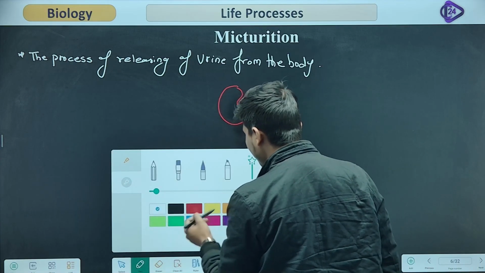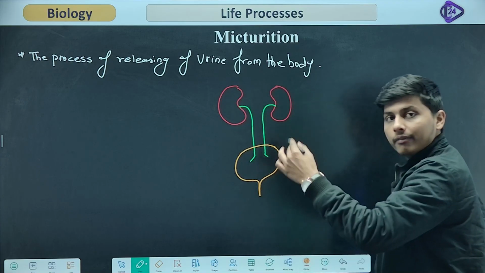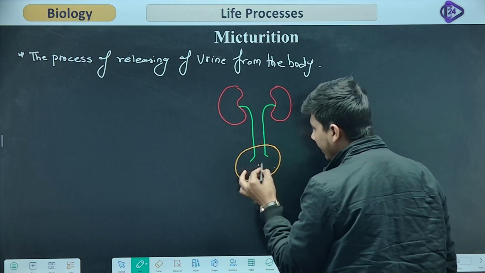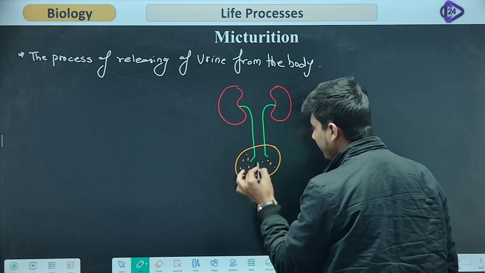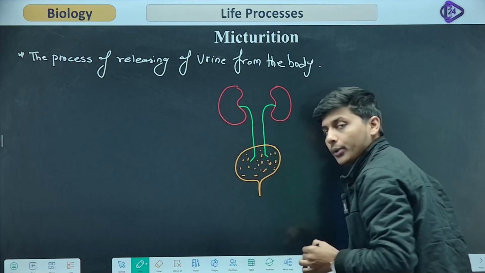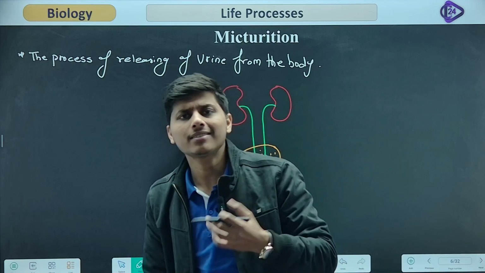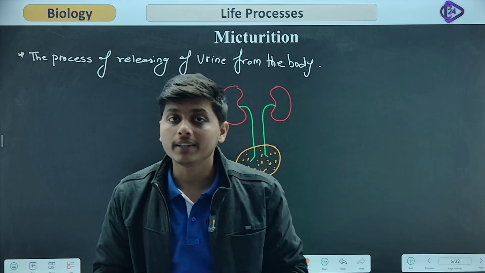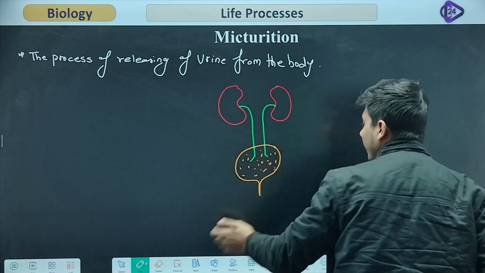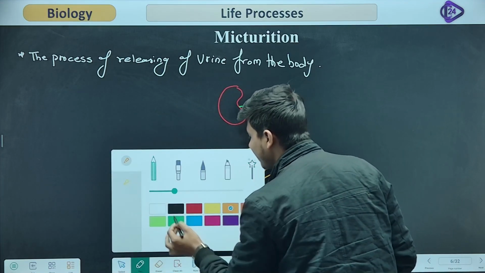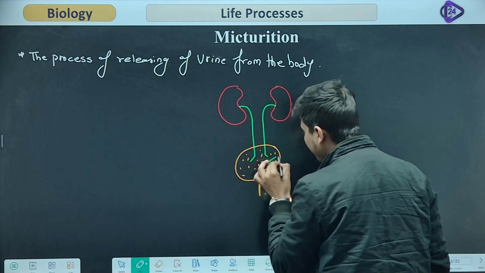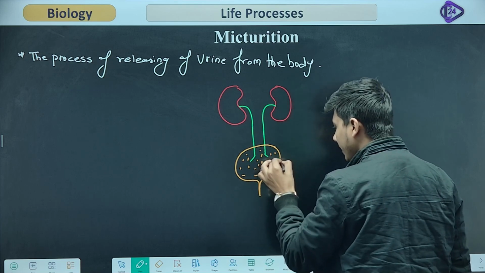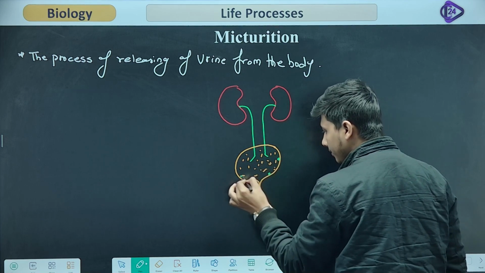Now understand the concept of micturition. When our urine gets filled into the urinary bladder, how do we sense that our urinary bladder is filled? Because in the urinary bladder we have stretch receptors.